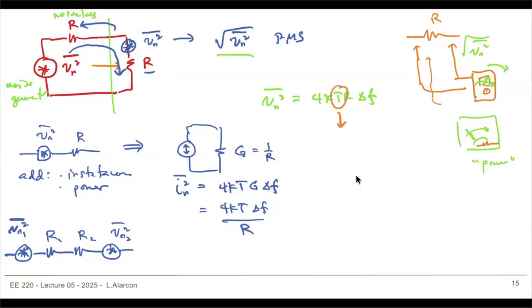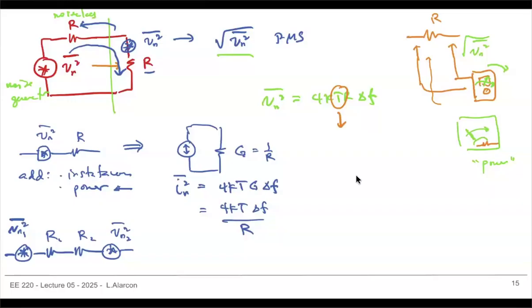So if I have two sinusoids and I'm just given 100 volts RMS and 200 volts RMS, I can't really add them because I don't know what the phase is. If the phase is 180 degrees, then they subtract. If the phase is 0 degrees, then they just add. So normally when we talk about noise, we add powers.